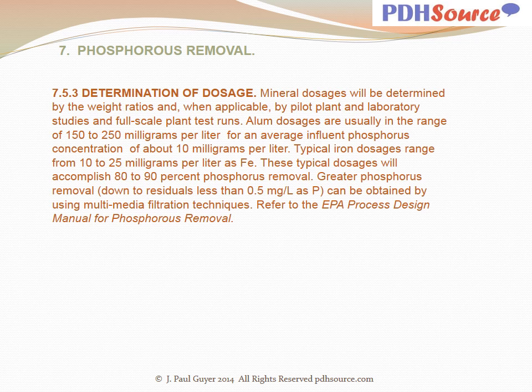Typical iron dosages range from 10 to 25 milligrams per liter as iron. These typical dosages will accomplish 80 to 90% phosphorus removal. Greater phosphorus removal down to residuals less than 0.5 milligrams per liter can be obtained by using multimedia filtration techniques. Refer to the EPA Process Design Manual for phosphorus removal.